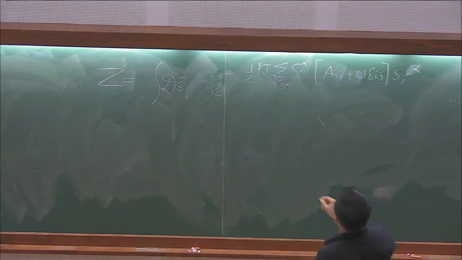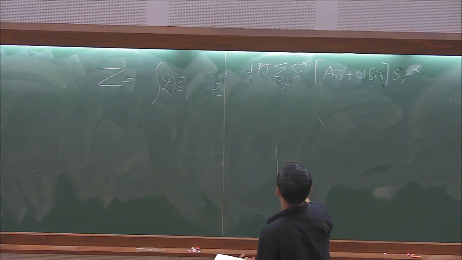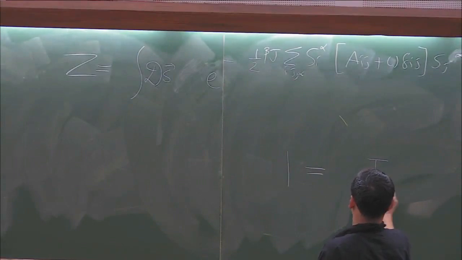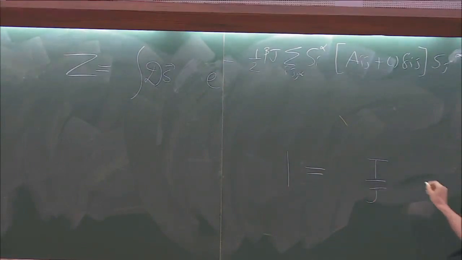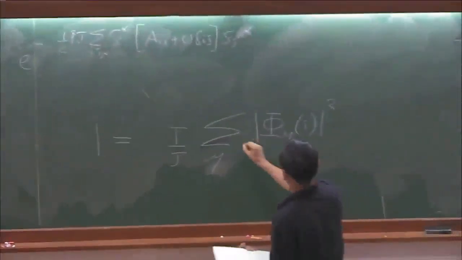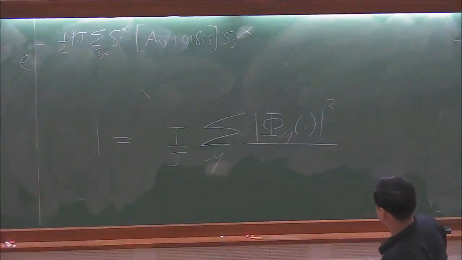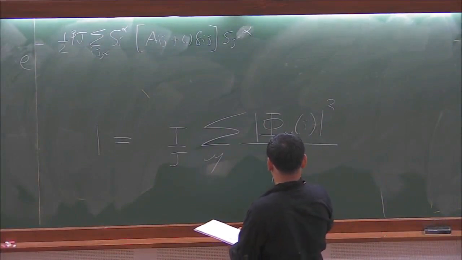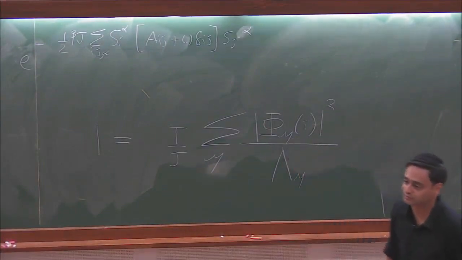And the answer will be that 1 should equal T over J times the sum over eigenmodes of that matrix, and let the eigenfunctions be phi, right? So phi mod squared, divided by the eigenvalues.